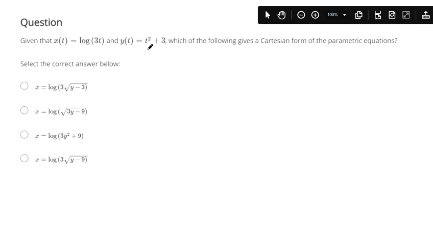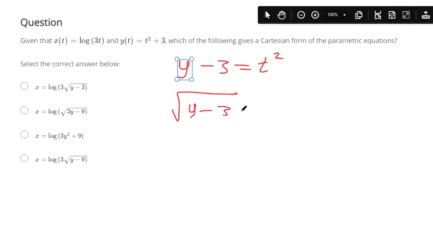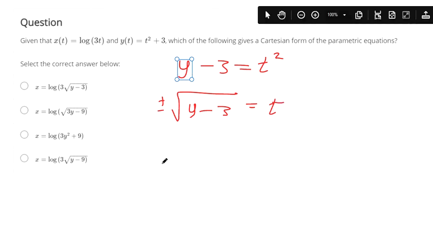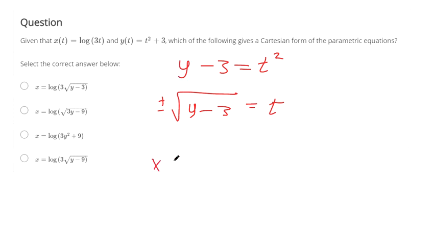So let's focus on the y variable over here. To get t by itself, subtract 3 from both sides, and then take a square root. But every time we use a square root to cancel out a square, we want to consider the positive and negative answers. But since we're going to substitute this for t, and it involves a logarithm, then we only want to consider the positive option here. We'll drop the negative.